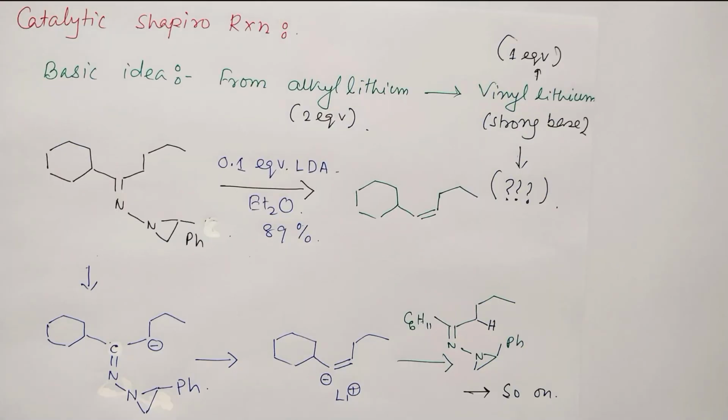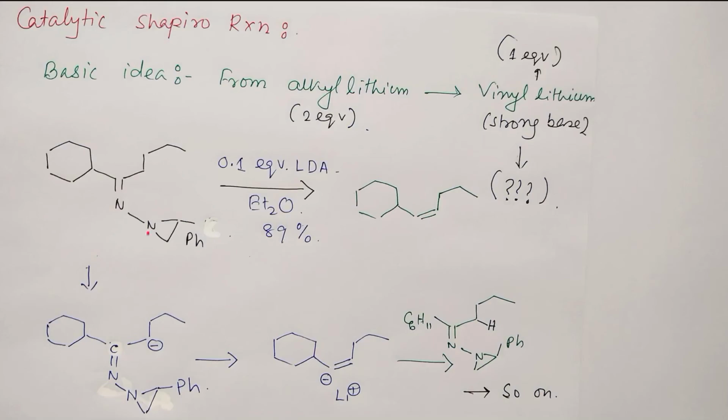So if we replace the NH proton with an alkyl group, the first equivalent could be avoided, and the second too, because we know the vinyl anion is sufficiently basic that it can undergo alpha proton abstraction of the carbonyl.